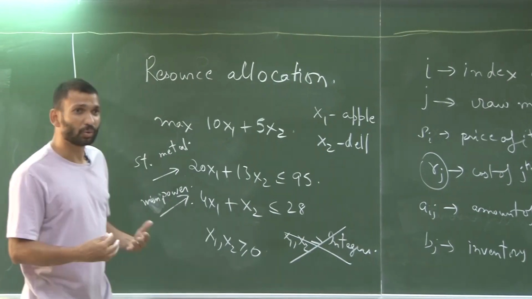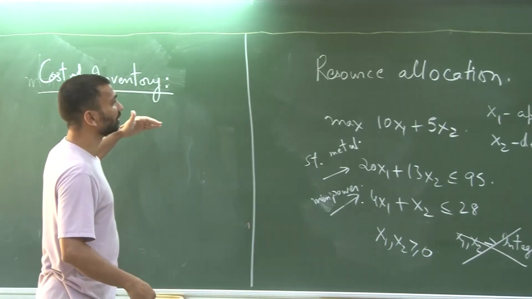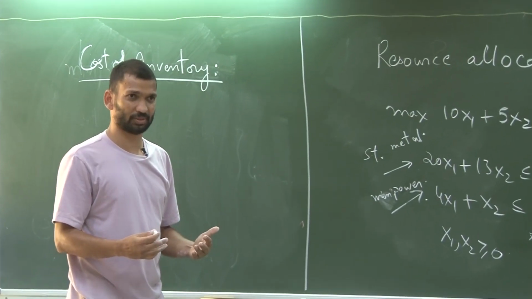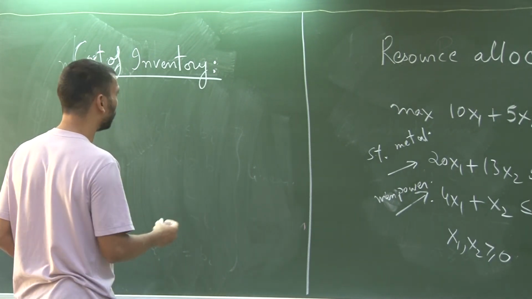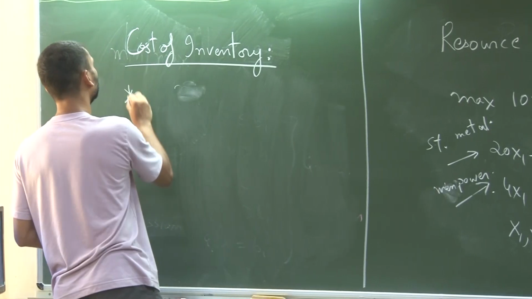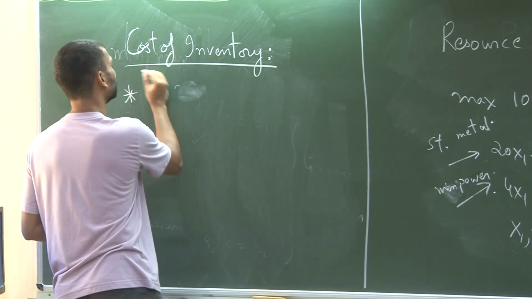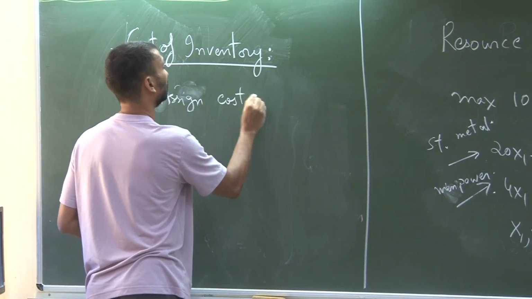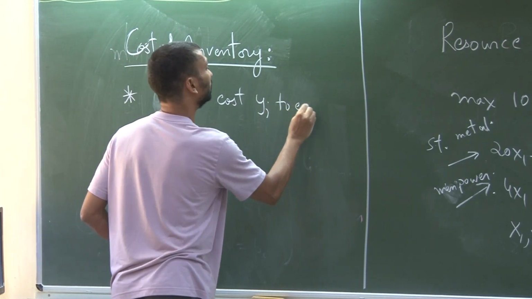Okay? So now, if this is the case, can you write the linear program corresponding to this problem? Again, what do you want to do? The objective is to assign cost Yj to each raw material.